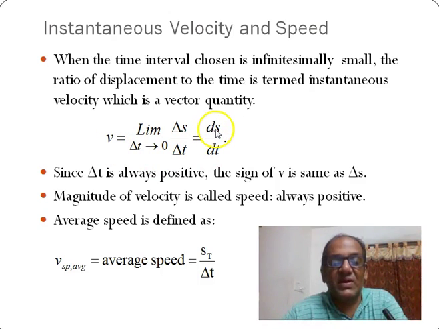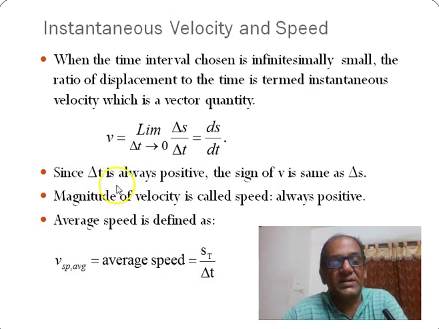Because this ds is a vector quantity, v is also a vector quantity, this delta s is also a vector quantity. Very strictly we need to put an arrow on the head of this v to indicate it's a vector quantity, an arrow on the head of this delta s, and similarly, an arrow on the head of this s. But when we understand that v is a vector quantity, we kind of omit that. So this instantaneous velocity is a vector quantity.